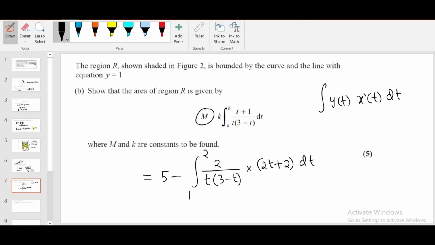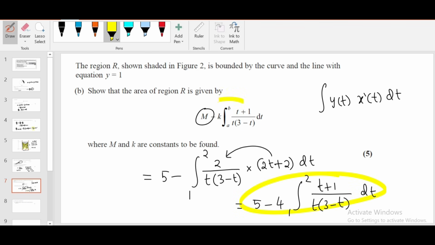So if you take 2 as a common factor and multiply with this, you will get 5 minus 4 integral 1 to 2 t plus 1 divided by t times 3 minus t dt.